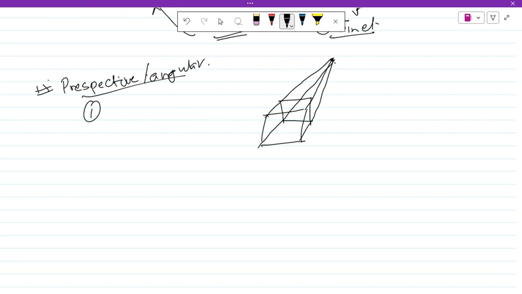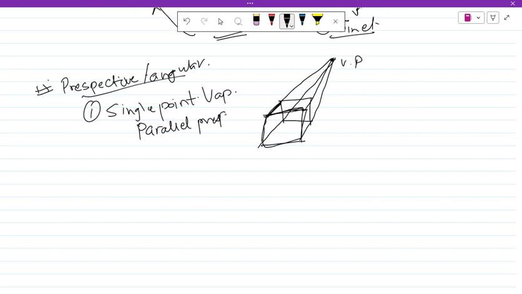This is known as single vanishing point projection, because this is a single vanishing point, and the whole front view is vanished to that point. This is also known as parallel perspective.